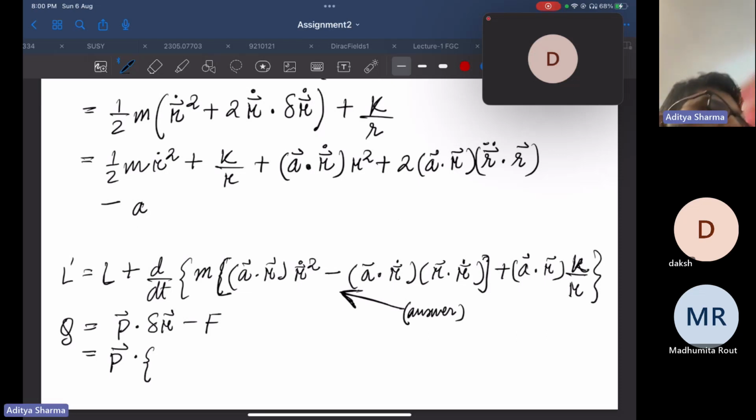So I actually wanted to get to this point, where I want to write the conserved vector.